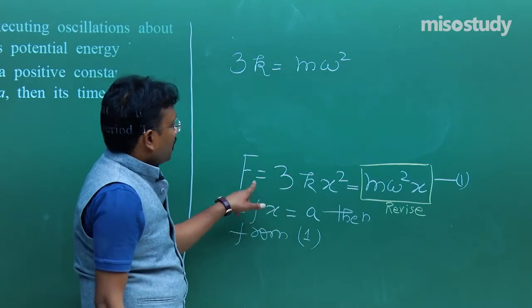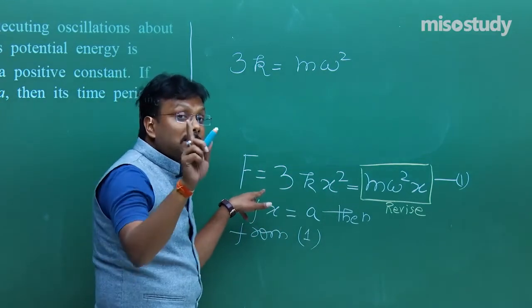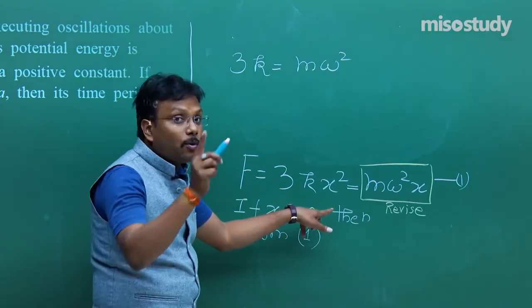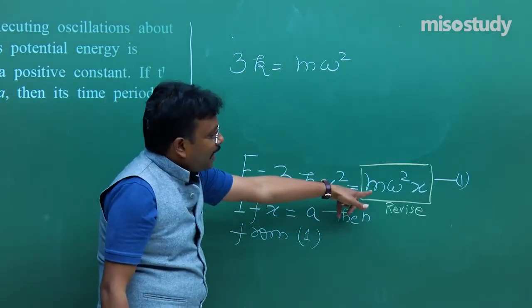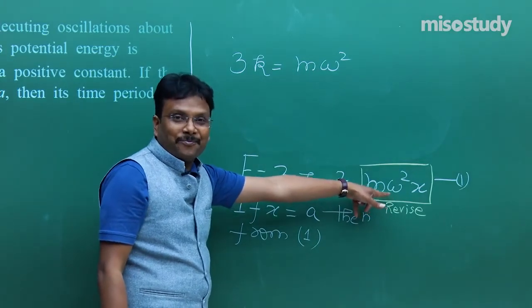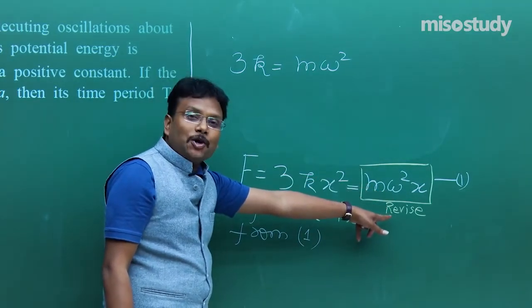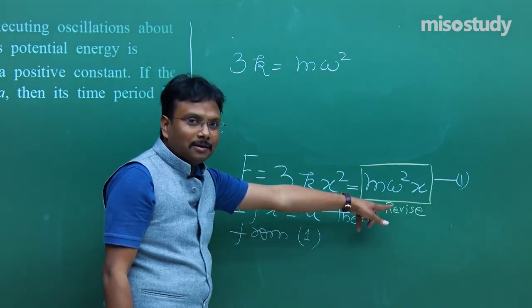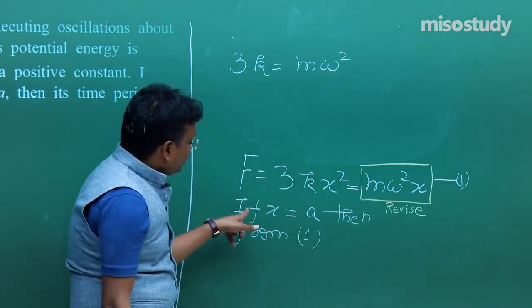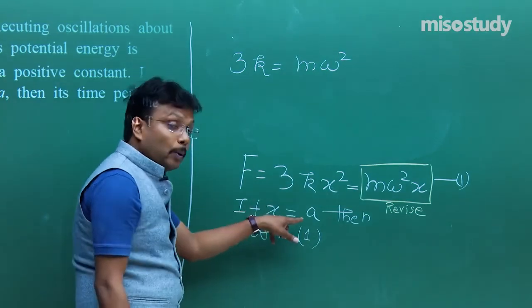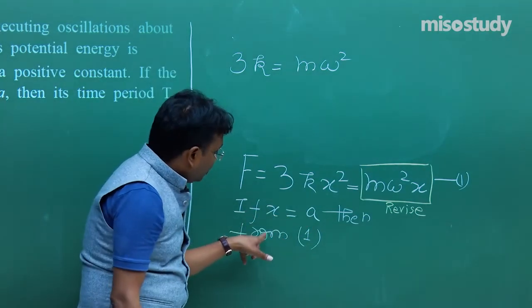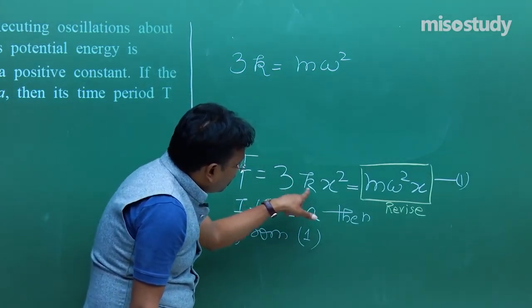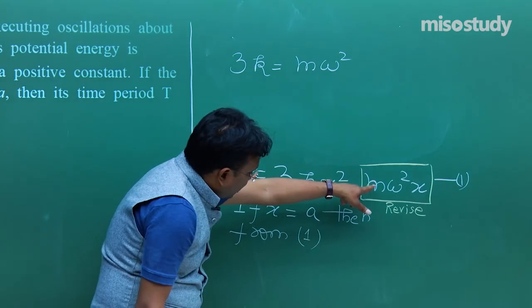Please be with me. We calculated the force by first order differentiation, 3k x square, because x was in cube, and that we said m omega square x. Fine. And I mentioned over here you have to revise it. I think I should give you a hint. Then I am saying if x is equal to a, maximum amplitude, then from equation number 1, this is going to be 3k is equal to m omega square.